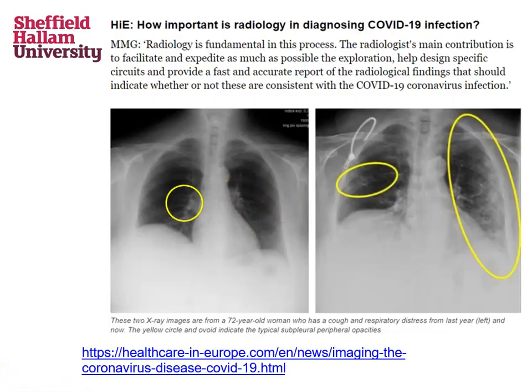Okay, and this slide shows a chest x-ray of a patient with COVID-19 infection. With this particular patient they'd had a chest x-ray the year before, so we've got a nice background of what's going on, and then a chest x-ray of the patient coming in with respiratory distress. And just ignore this, that's just a zip.